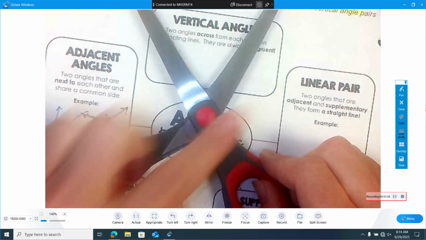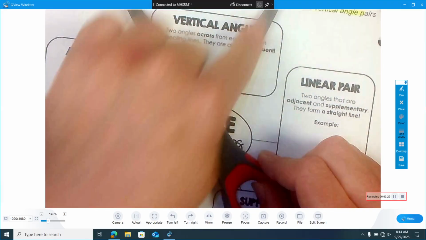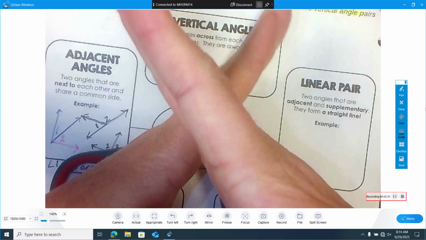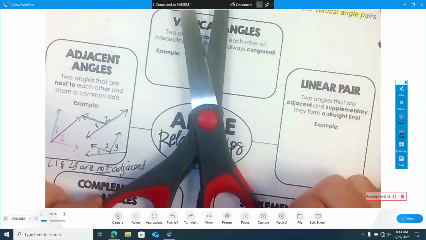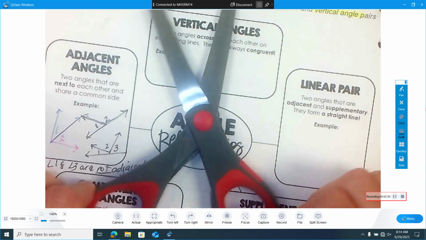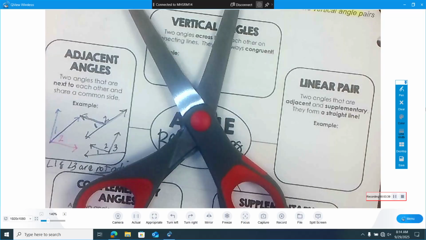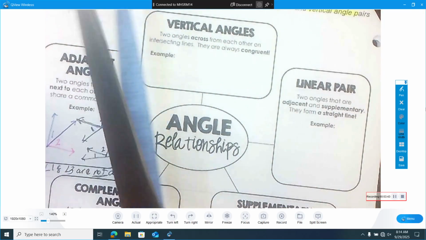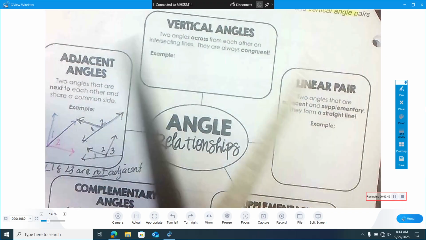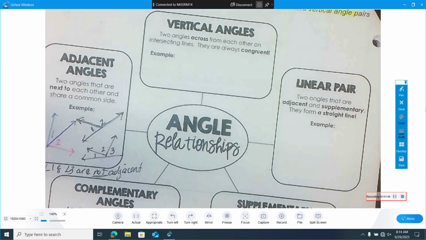Imagine if this was actually a straight line. If they were just straight, they have this pivot point. And as they open and close, those angles that are opposite one another open and close at the same rate. Does that make sense to you? Okay, it's a bad example because these are not straight scissors. Anyway, these are called vertical angles.